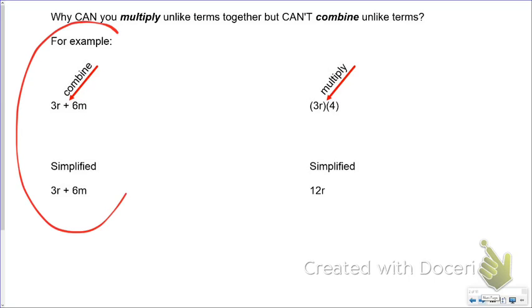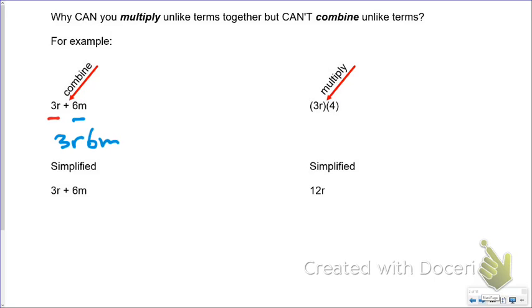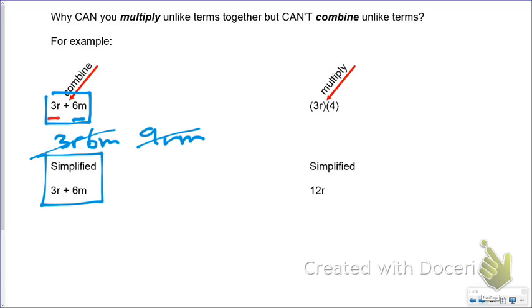If you look at this example on the left, in previous levels we've talked about how 3r plus 6m are unlike terms, and we cannot combine them to become 3r6m or 9rm or whatever. None of these are true. This is as simplified as this expression gets.